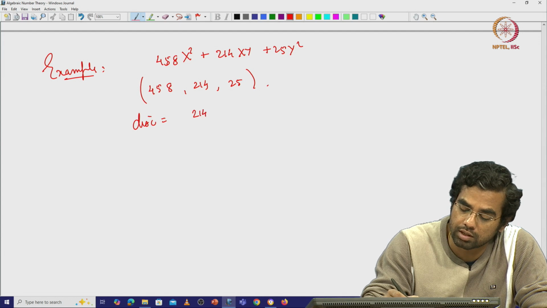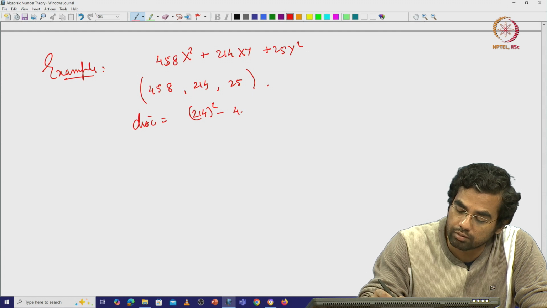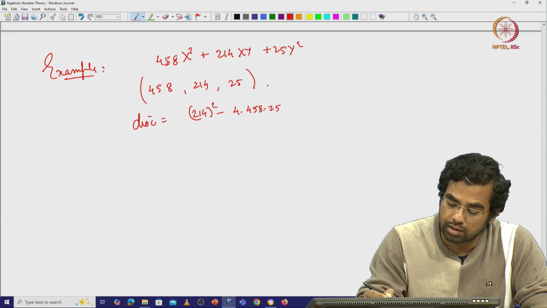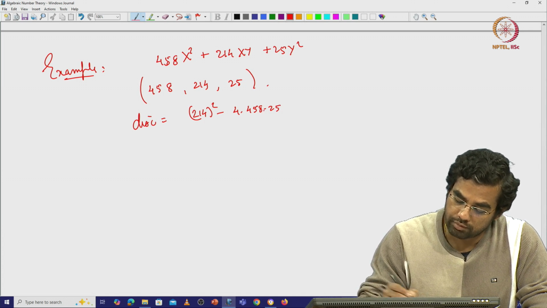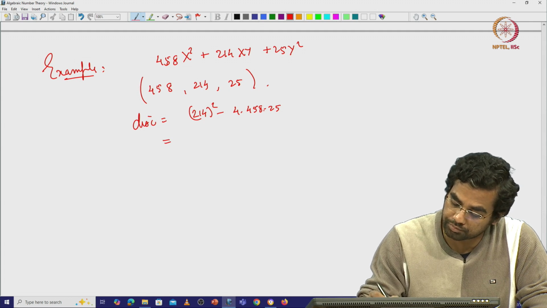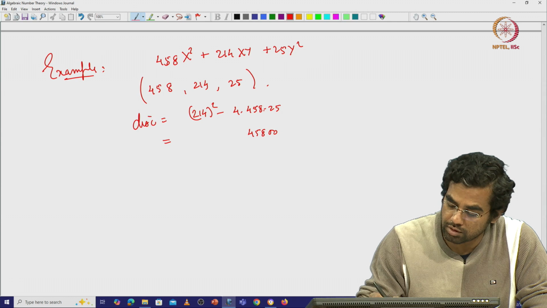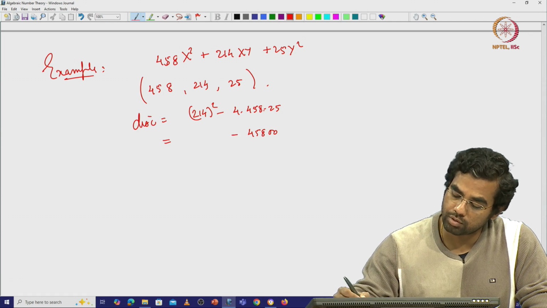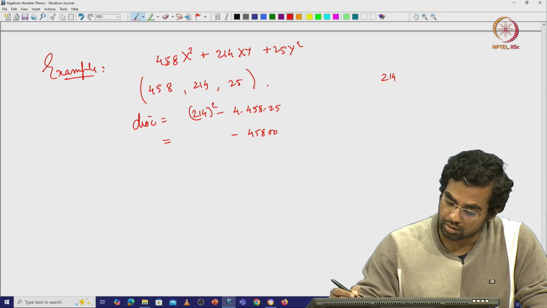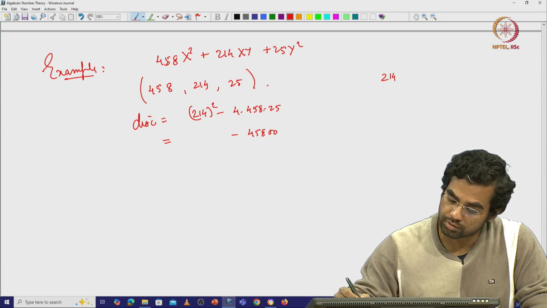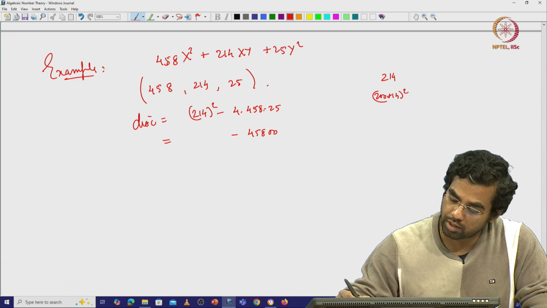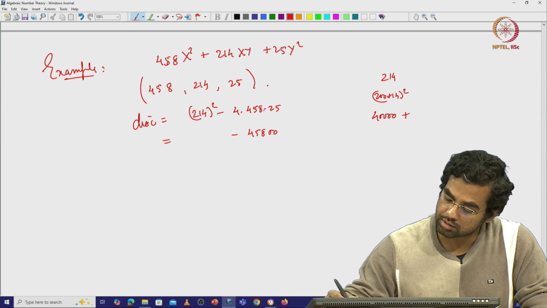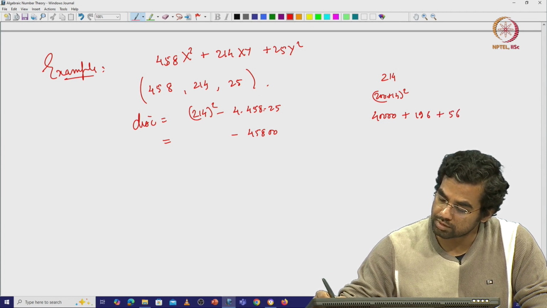If you really want to compute its discriminant, then you can. This is 214 squared minus 4 into 458 into 25. If you do this, you will get 45800 here, and then 214 squared, which is 200 plus 14 squared, which is 40,000 plus 196, plus 28 into 200, so 5600.